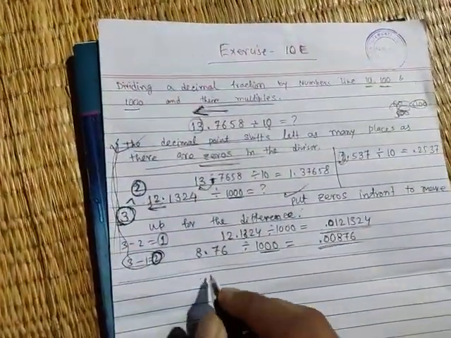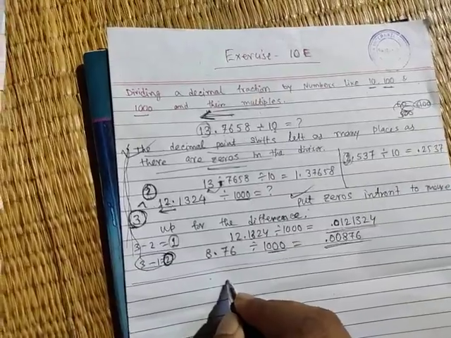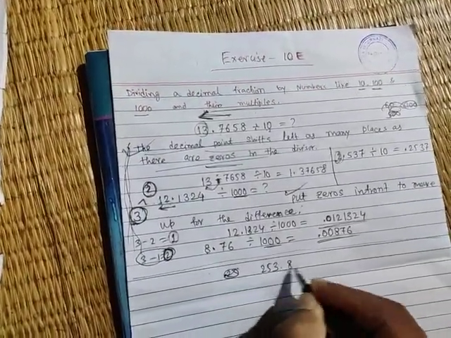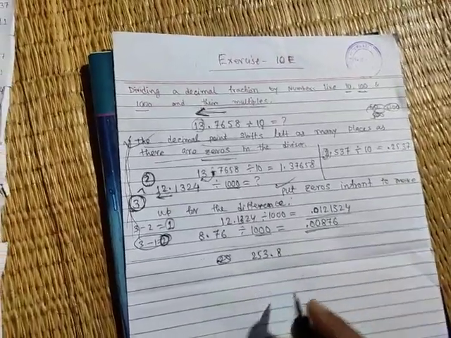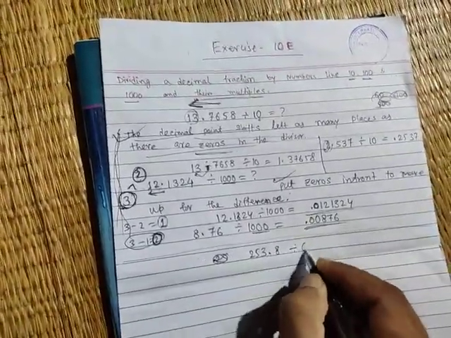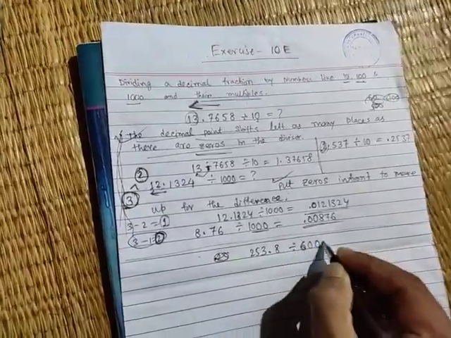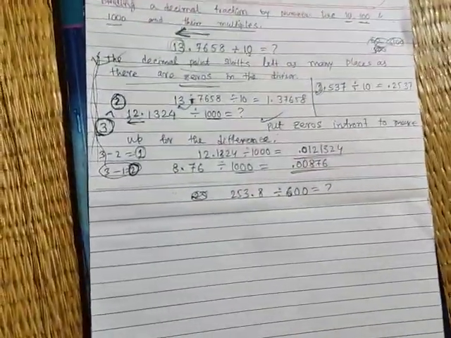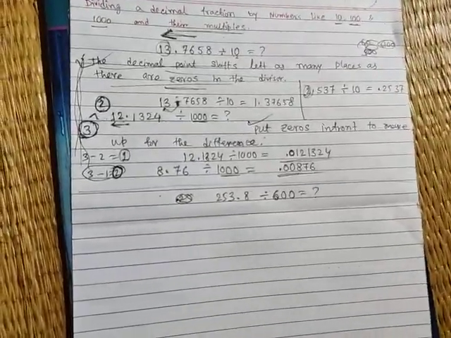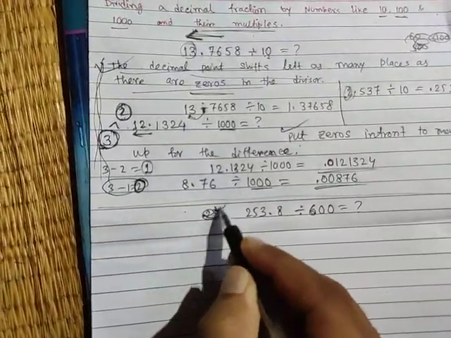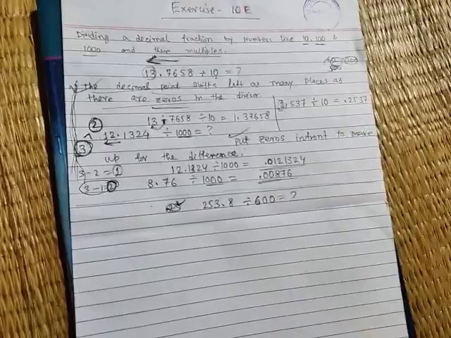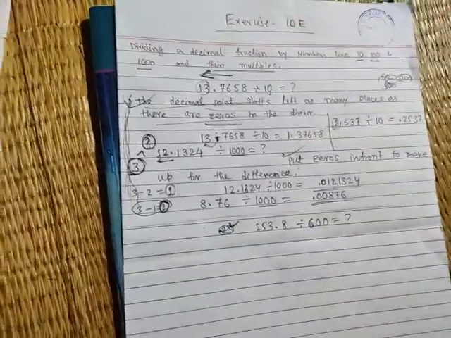Okay, suppose for example 253.8 divided by 600. I have taken the example from your book, don't worry. So what will be the result? What is the process here? It is the combination of exercise 10D and this method.